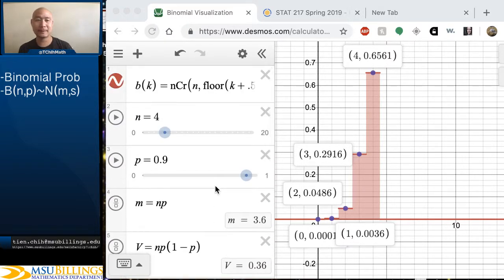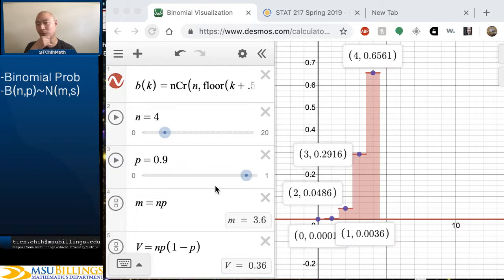All right, so one final note: computations about binomial probabilities get pretty difficult and annoying as n grows in number.